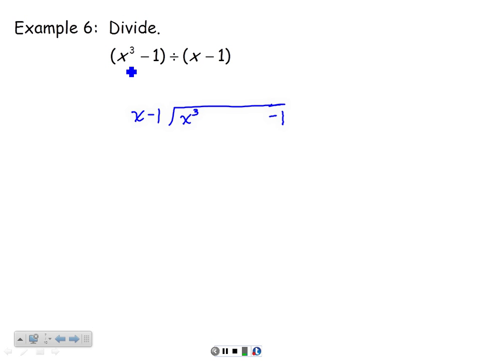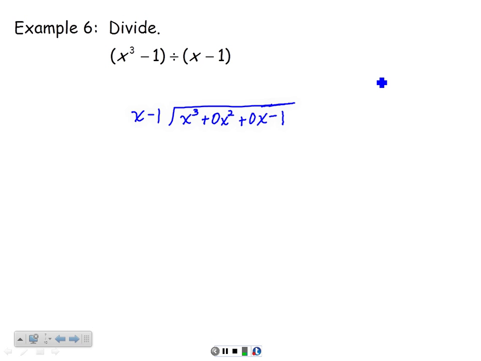We're missing the x squared, and we can replace that with 0x squared. And we're also missing just the linear x term, which is going to be 0x and then minus 1. So your exponents have to go down in descending order in division only. So you have 3, 2, 1, 0. You have to have a placeholder for every exponent.